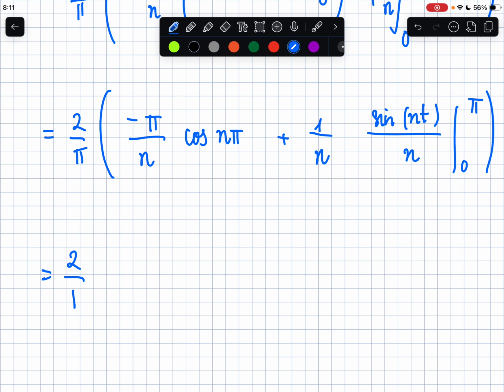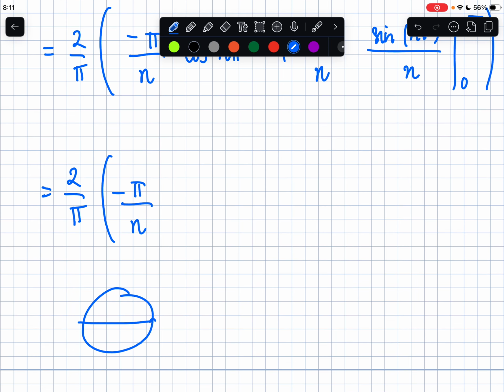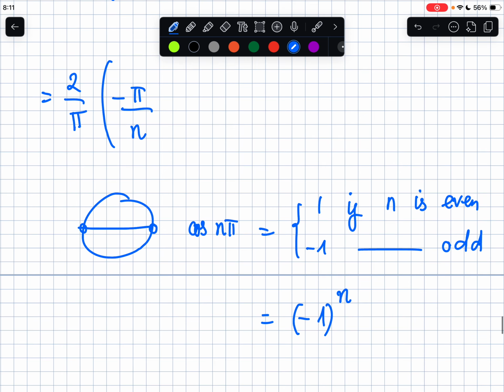We have quite a lot of computation. Minus pi divided by n cosine(n pi), as we talked before, it is either here or here. Cosine(n pi) equal to 1 if n is even, minus 1 if n is odd. You can write this as minus 1 to the power n. So if n is even, this becomes minus 1 to an even power, which is 1.